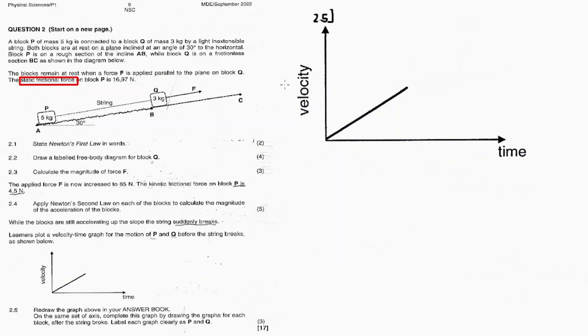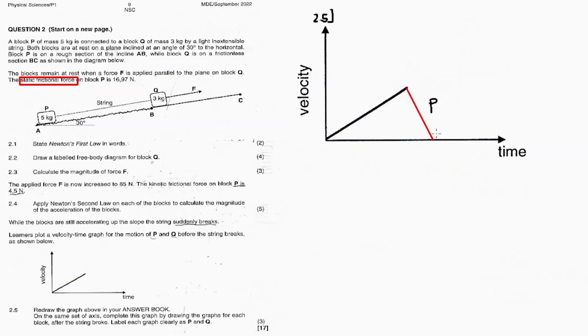There's a force applied and then they accelerate. So if the string breaks, right? Now sifuna ukwazi ukuthi what will happen to P no Q after the string has broke.